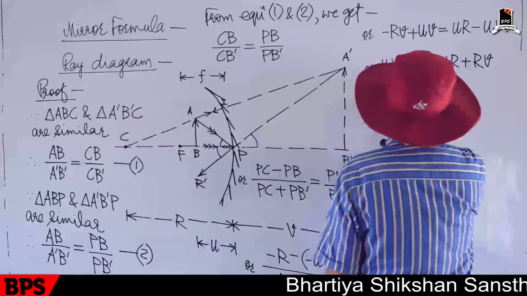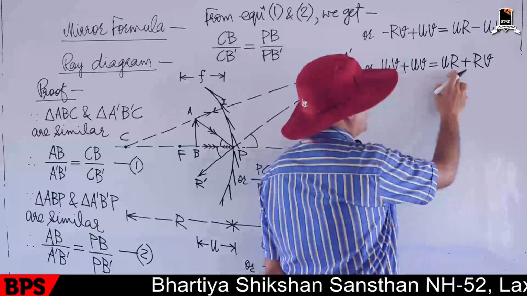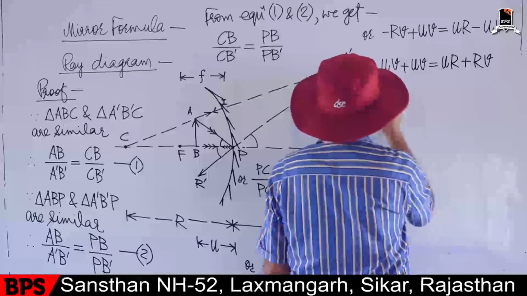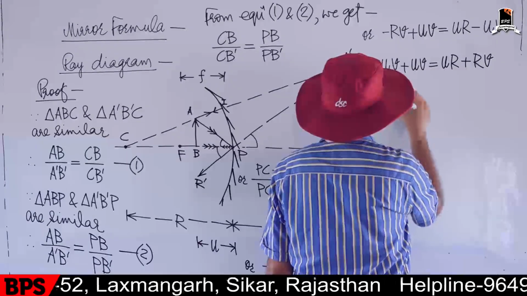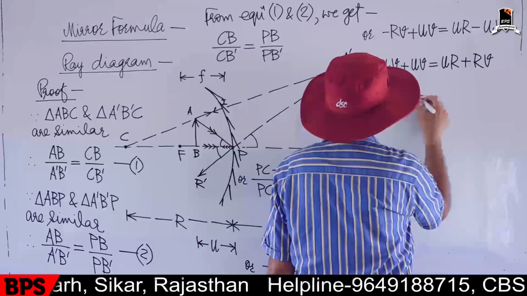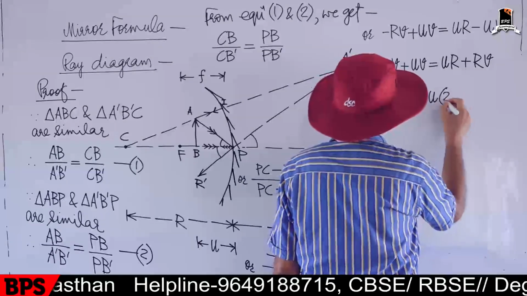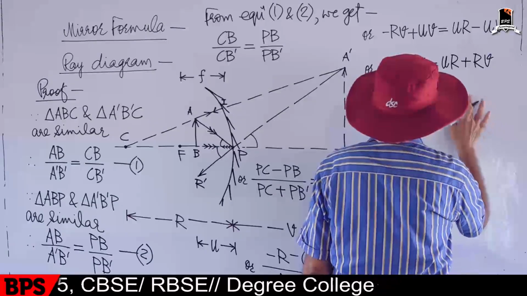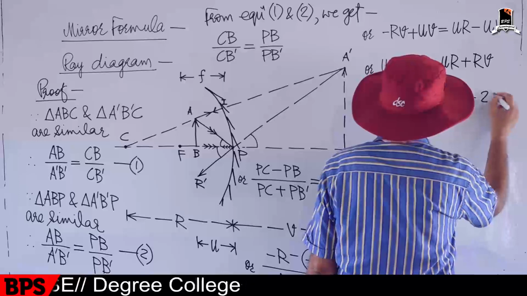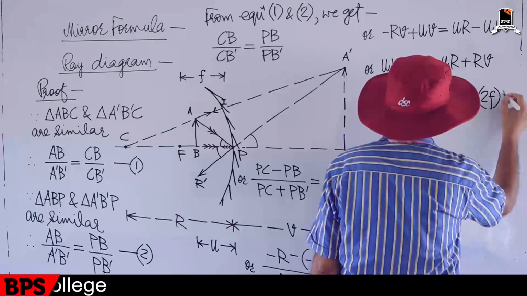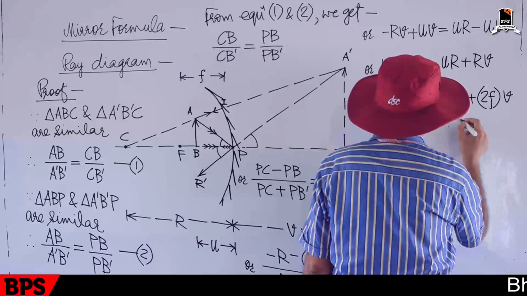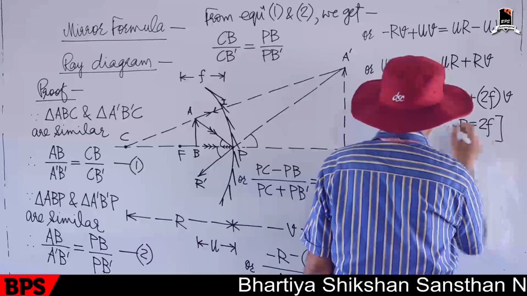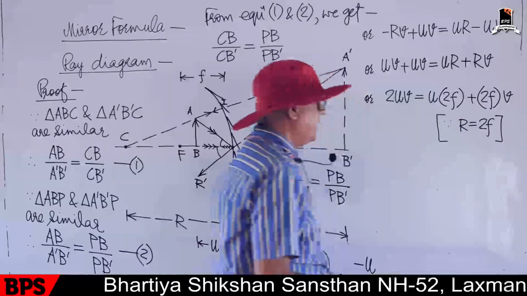So you get twice UV. Put this value R equal to 2F. So you get twice UV equal to U into twice F, sorry, plus twice F into V, since R equal to 2F. This formula we had derived already.